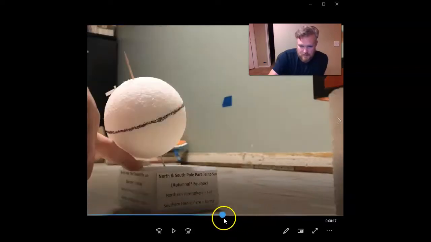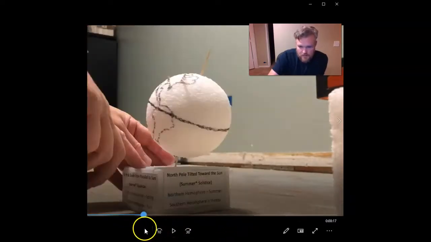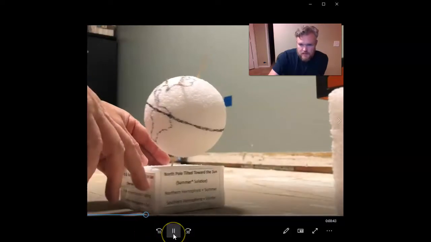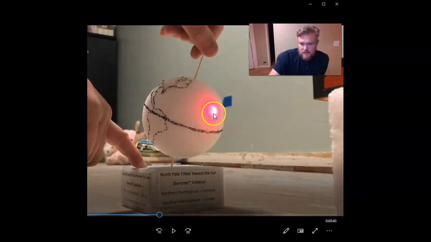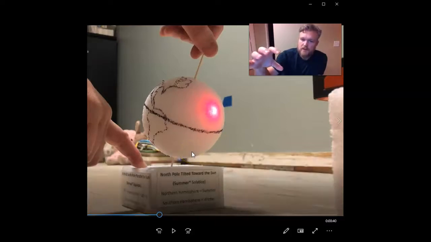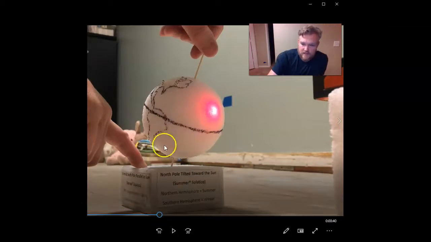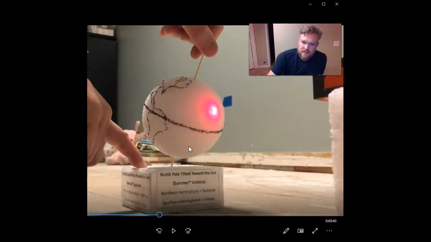If we were to rotate that back to the summer solstice, let's say, and watch that, notice that because the sun is on the Tropic of Cancer in the northern hemisphere, the lit part of the globe runs basically from just above the North Pole to somewhere short of the South Pole. So if you're in the southern hemisphere, you won't get 12 hours of light, you'll get less because it's darker.